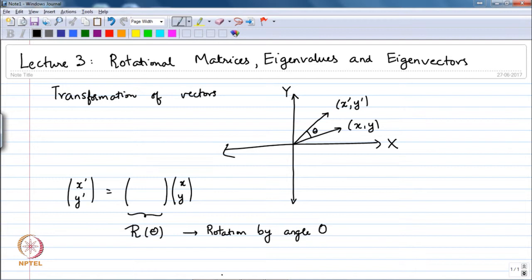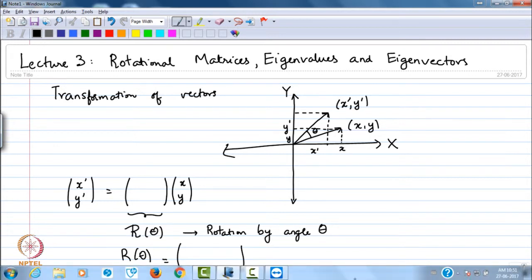And you can easily see that R of theta has the following form. It is a 2 by 2 matrix, and you can easily work it out by basic trigonometry. This is x prime, this is y prime, this is x, this is y.